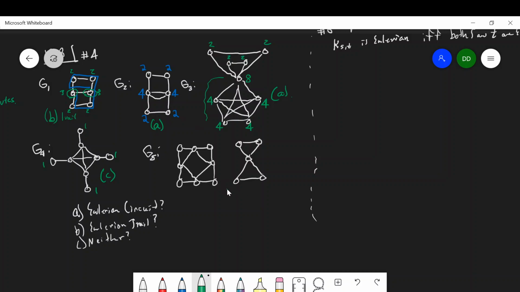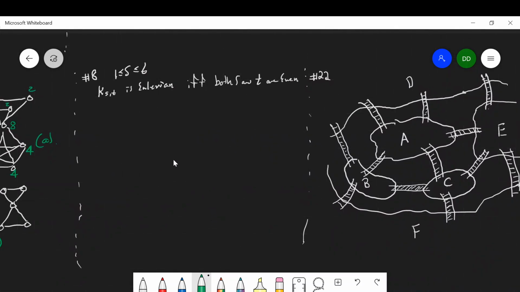So this one is neither. If you have a disconnected graph, there's no way you're going to be able to find a Hamiltonian cycle, and it won't be Eulerian either, unless I guess the other graph is an isolated vertex. That's a caveat there. All right, let's keep going.